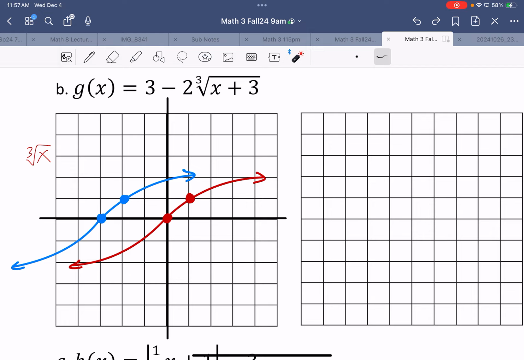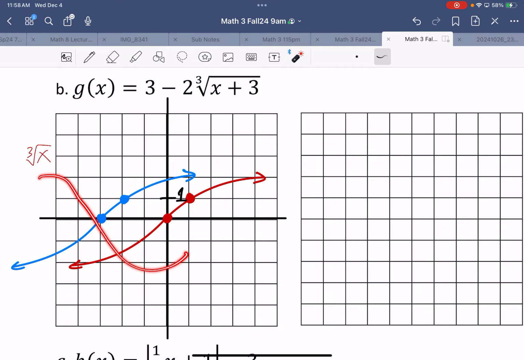Now, the benefit is we do know this point here. The X is what moved to the left by 3. But it's still right here at 1. So I know that this point, I can do this in 1 step or 2 steps.